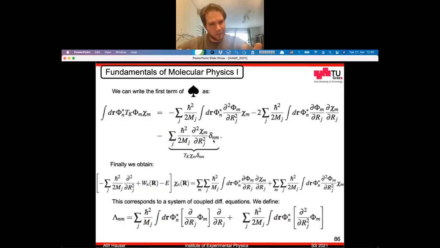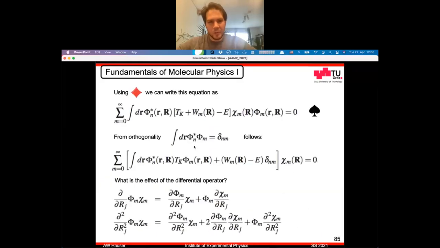Okay, we're almost through. So what I am doing now is putting everything together. What I do is take this delta nm term on the right-hand side and put it to my other delta nm terms in this total Schrödinger equation and have them all on the left-hand side of my equation.